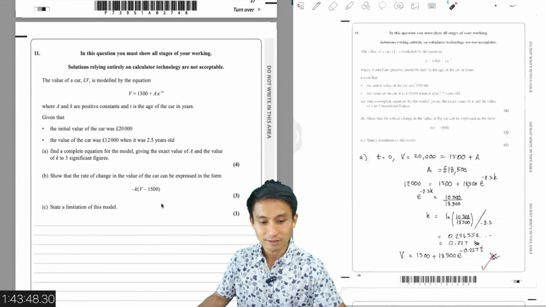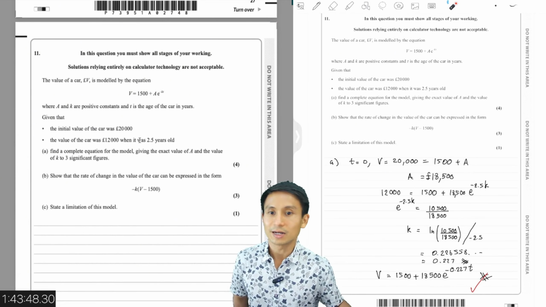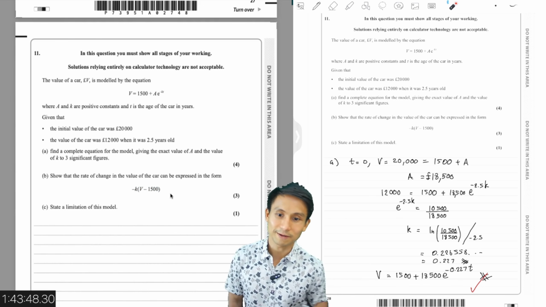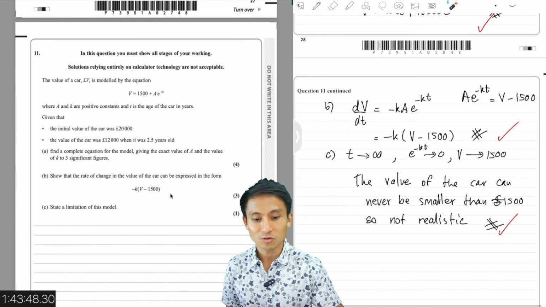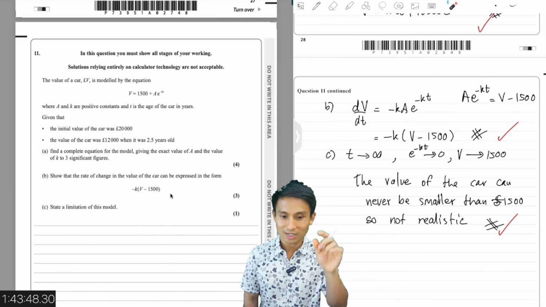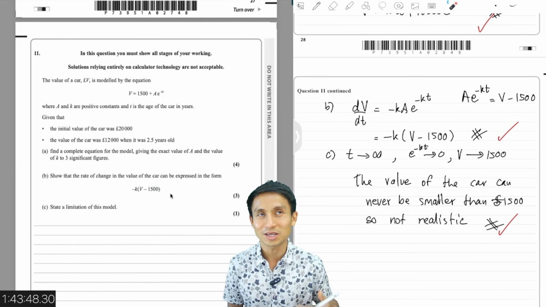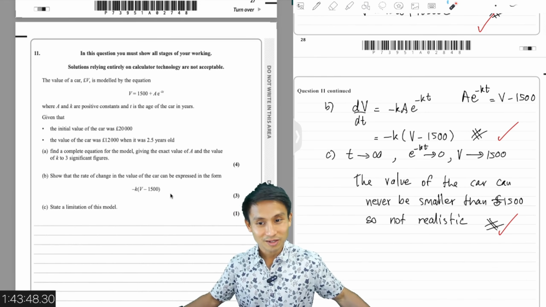Number 11, yeah, this is also another modeling question, and again, this is another exponential. So the tricky part is part B. The tip here is you don't need to substitute the k and the a in early, because it might get you confused, because they have here minus k.